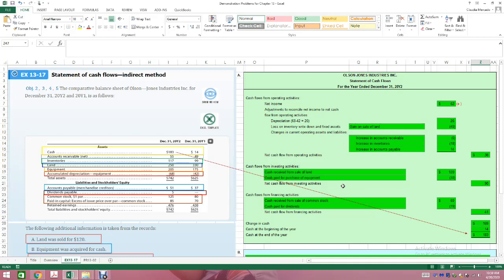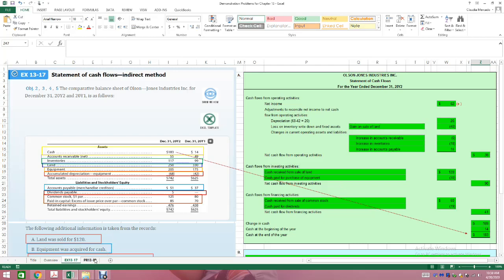Because the statement of cash flows can be a little bit confusing, I am going to go over another one just so we can gain a little bit more hands-on practice. That way you can become more comfortable using the little diagrams that are provided to figure out what goes where, if it's included as a positive or as a negative.